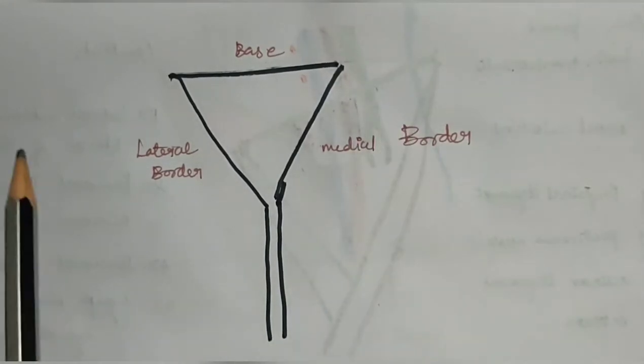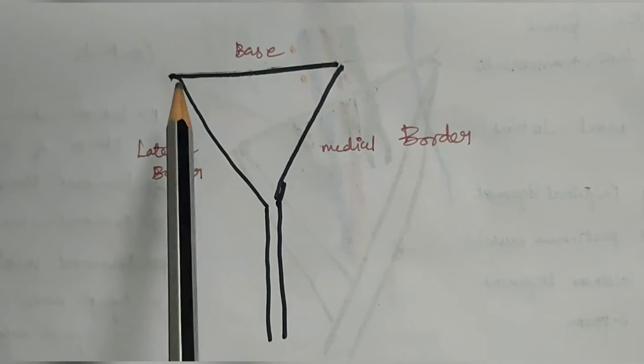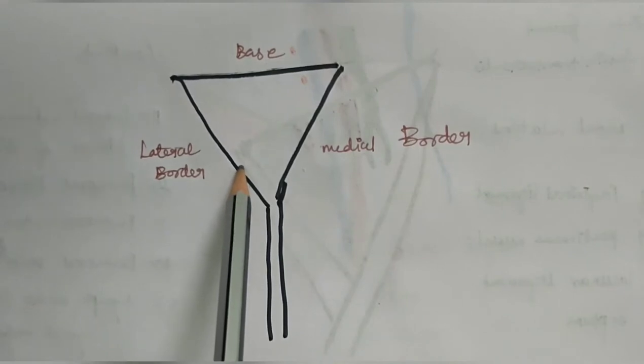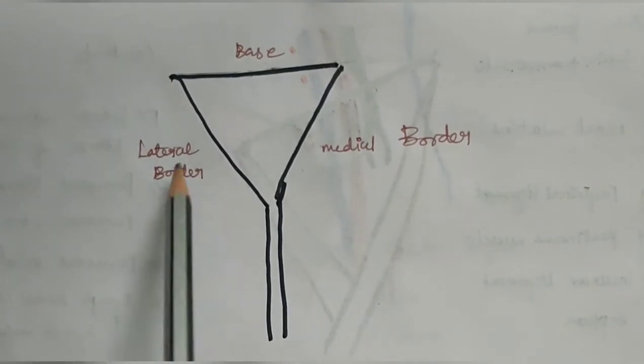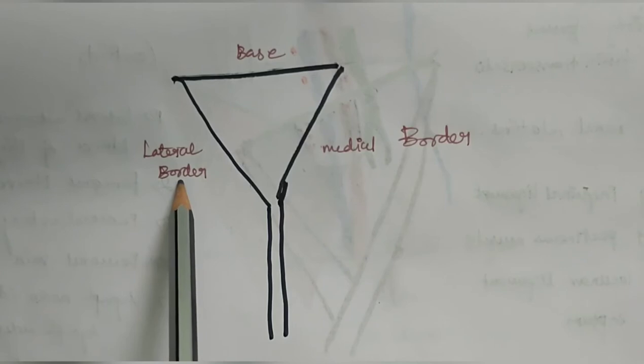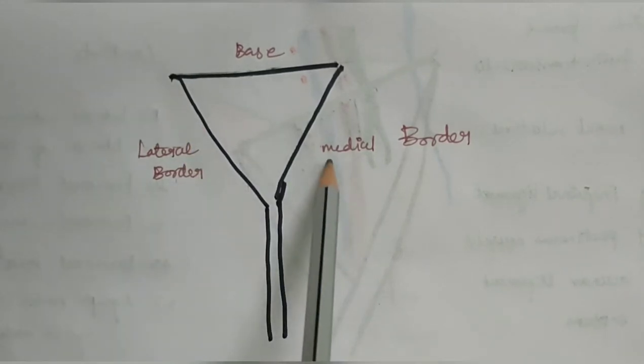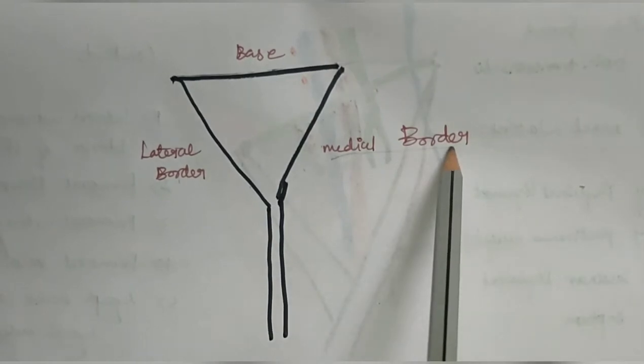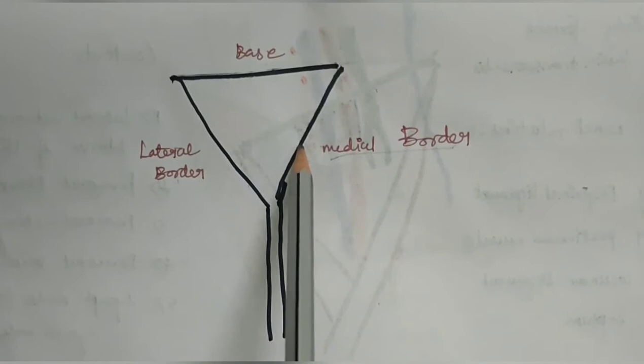The medial border of the sartorius muscle acts as the lateral border of the femoral triangle, and the medial border of the adductor longus muscle acts as the medial border of the femoral triangle.